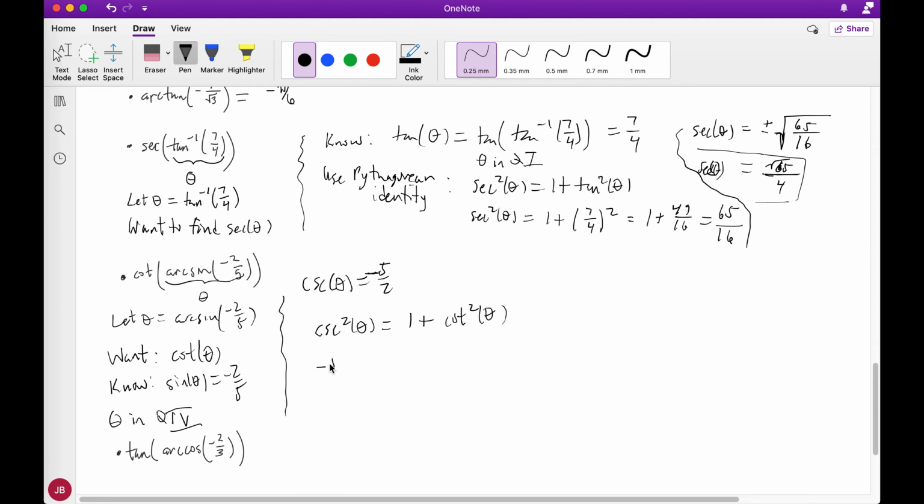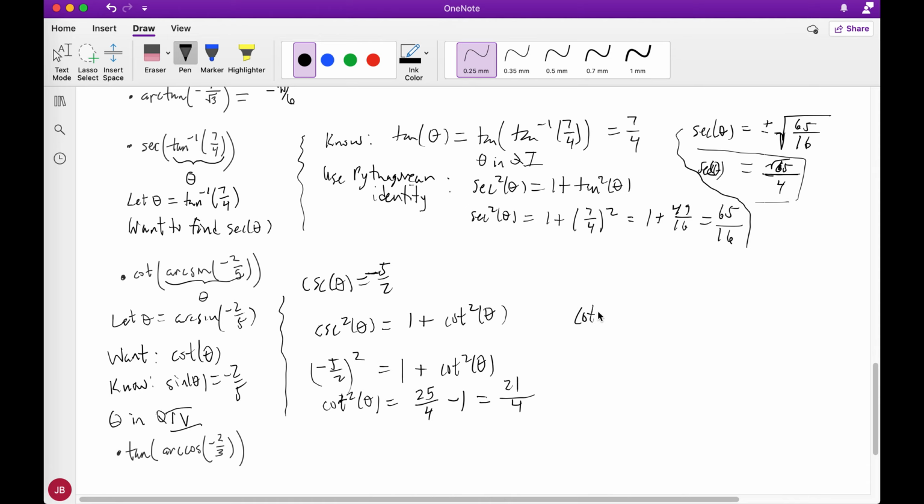And so minus 5 over 2 squared equals 1 plus cotangent squared theta. So that says that cotangent squared theta is 25 over 4 minus 1, which is 21 over 4.